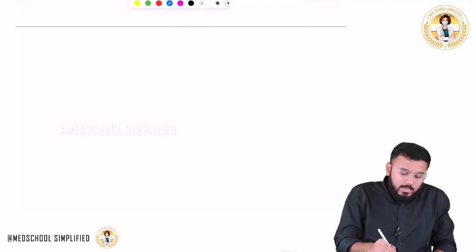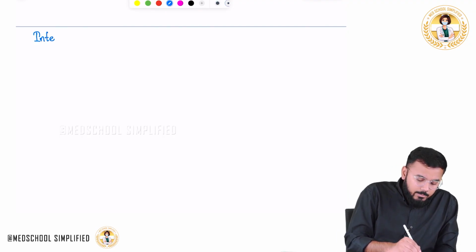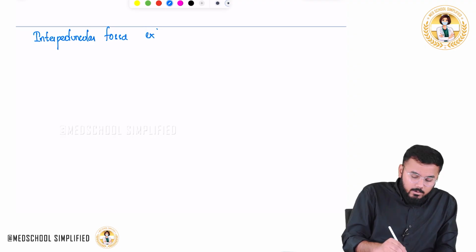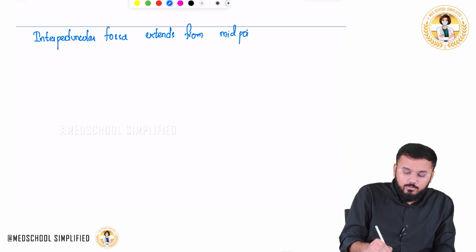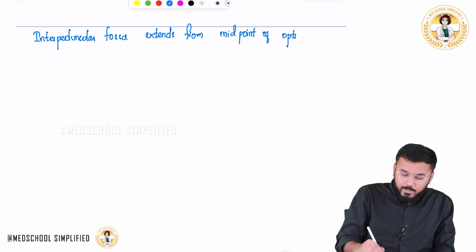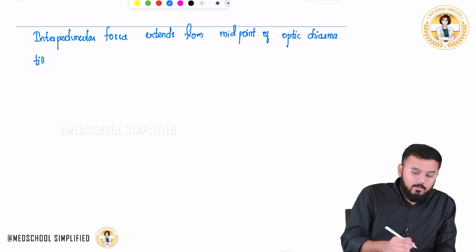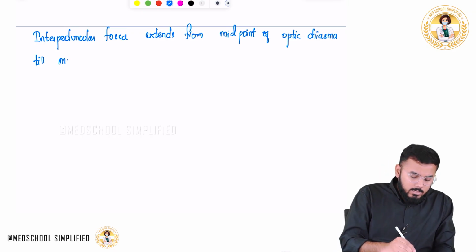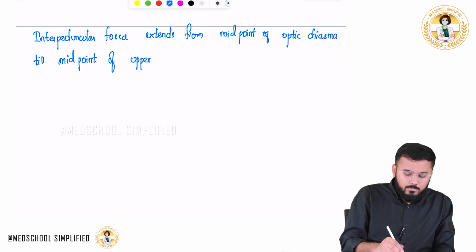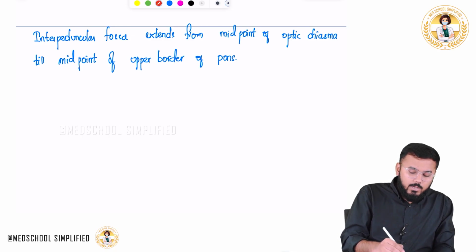The first important thing is that this interpeduncular fossa extends from the midpoint of optic chiasma till the midpoint of the upper border of the pons.